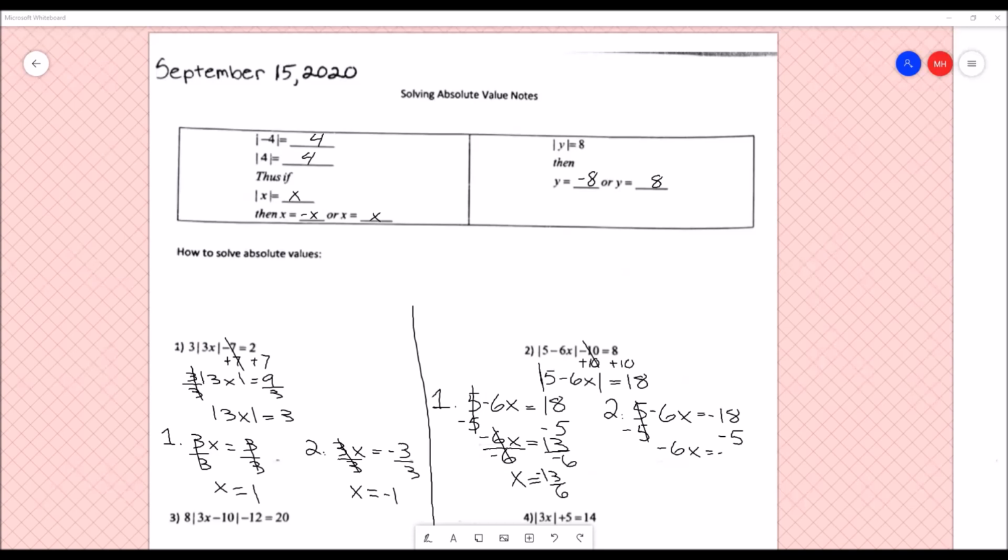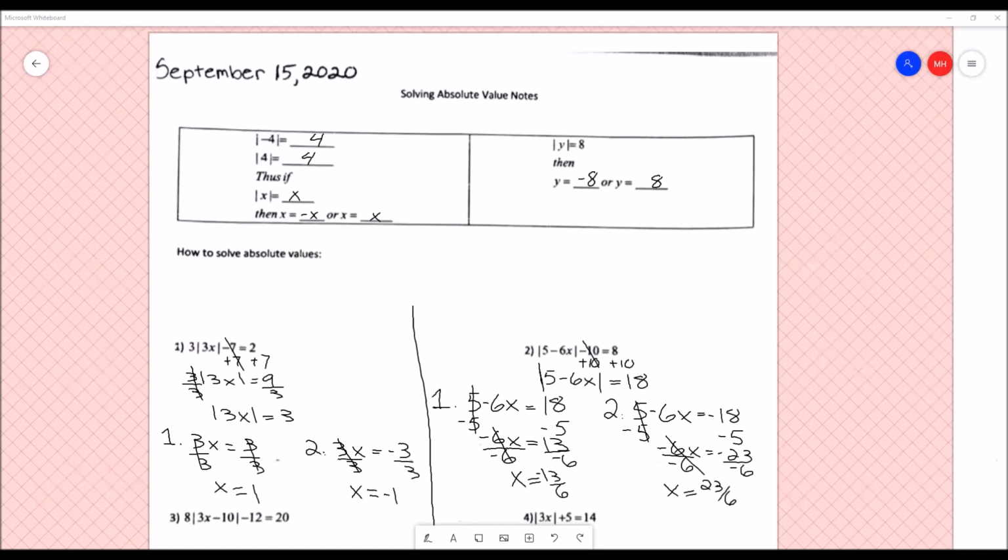And this gives me a negative 23. Last step, divide by that negative 6. Negative over negative, my negatives divide out, my 6's divide out, I'm left with a positive x equals negative 23 divided by negative 6. My negative will give me a positive, and I'm just left with 23 over 6.